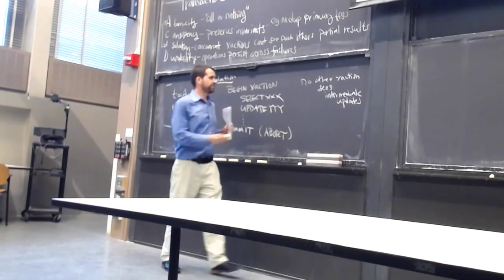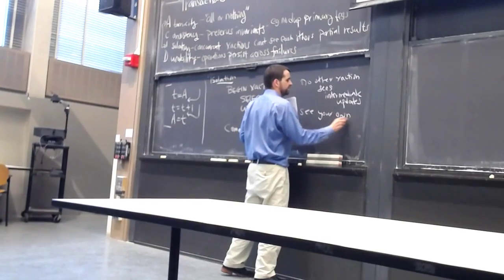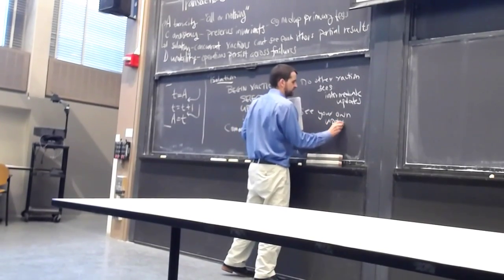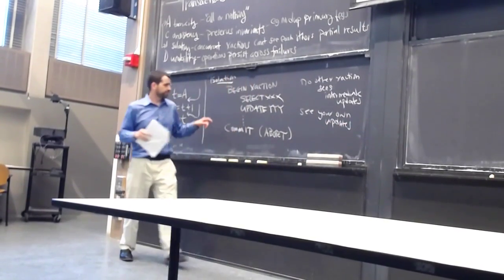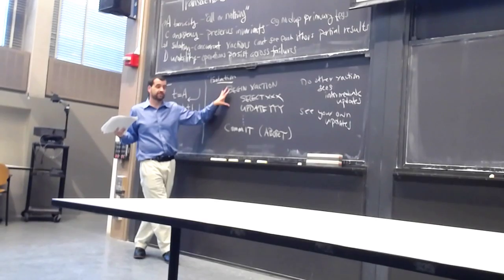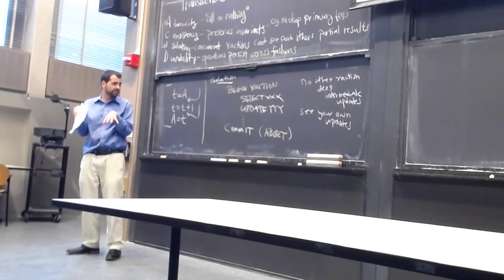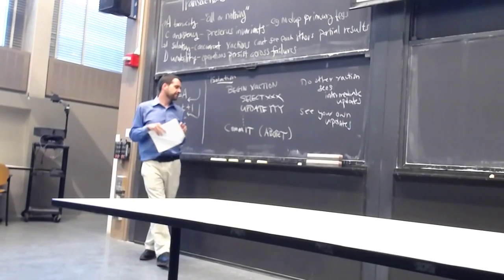The second one is that you see your own updates, which seems like a nice property, but isn't always trivial to provide. So when you do this update, if you do a subsequent select, you'll see the effects of this update within this transaction block. So if you log into the psql shell, type begin transaction, do some stuff, you'll see your own updates.